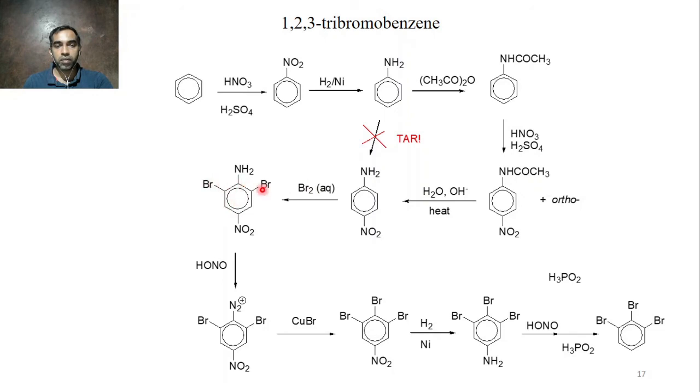Only these two it will be brominated, ortho to amine, because this is now meta-directing, and this position is blocked. Then nitrous acid you convert this to diazonium, then you do Sandmeyer reaction with copper bromide, so you will get bromo derivative. Then you do hydrogenation for the reduction of this nitro group, then nitrous acid and H3PO2, you have removed this. Okay, you have 1,2,3-tribromobenzene.